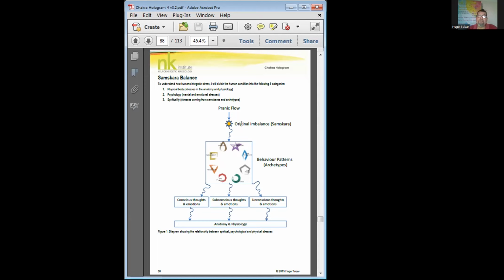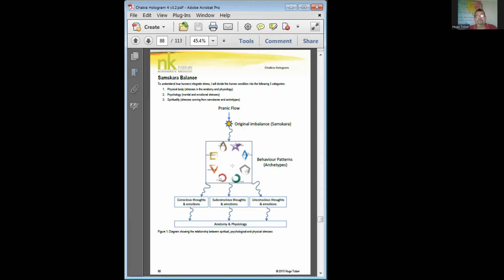From the samskaras, these have to manifest in a certain way, and they manifest as archetypes. Archetypes are patterns of behavior that then appear in your everyday life. For example, my famous archetype was the wounded healer. I keep doing patterns of behavior or finding myself in situations where I could be the wounded healer.